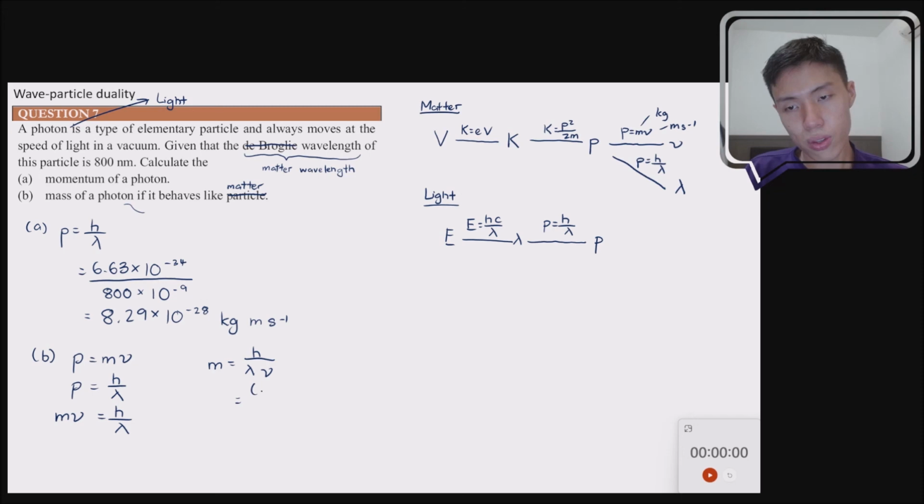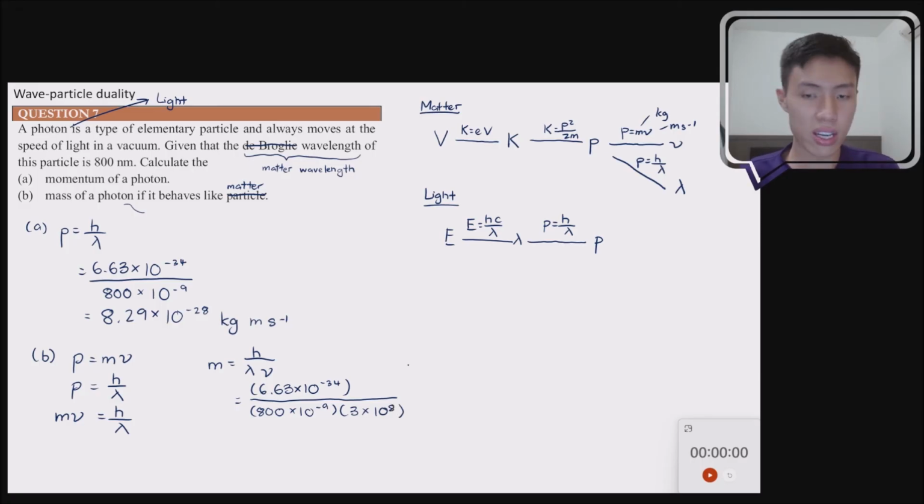So this is 6.63 times 10 to the power of negative 34. Lambda here is 800 nanometer. It is traveling at the speed of light, so 3 times 10 to the power of 8. This is a theoretically impossible situation, but they are just asking you to assume if it really does happen.